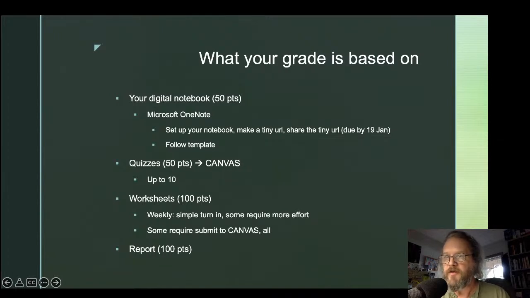All right, the other thing: worksheets. These aren't going to be things we hand out, right? They'll be administered via Canvas, but the various exercises that we do come with questions or things that you need to do. And yes, I want that all put into your digital notebook. To help you keep on track for some of these projects, which can take several weeks to complete, I've broken them down into mini projects, right?